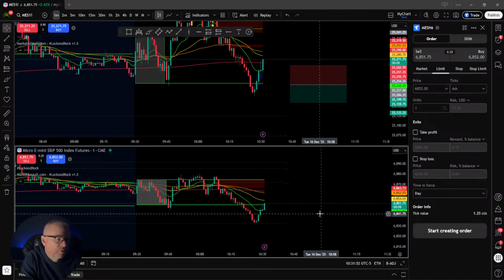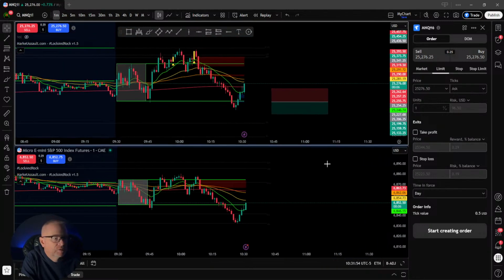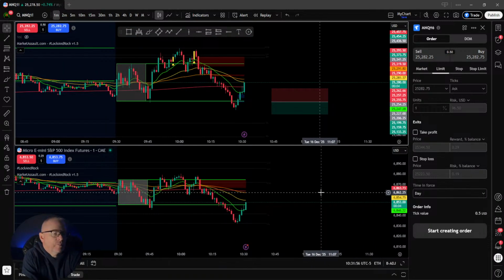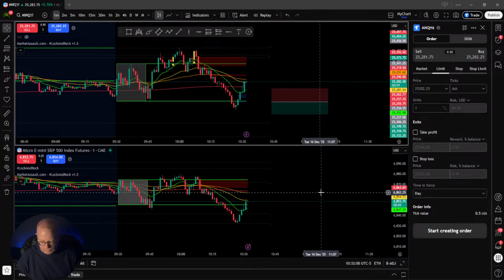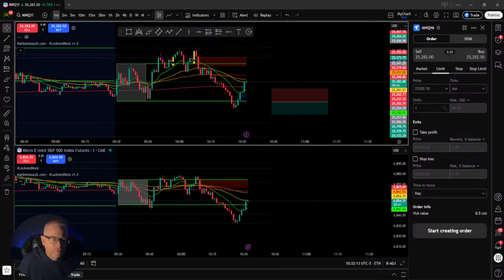We broke above there right now. But it's interesting to see how it just bounced off the London low on the S&P and not on the Nasdaq.